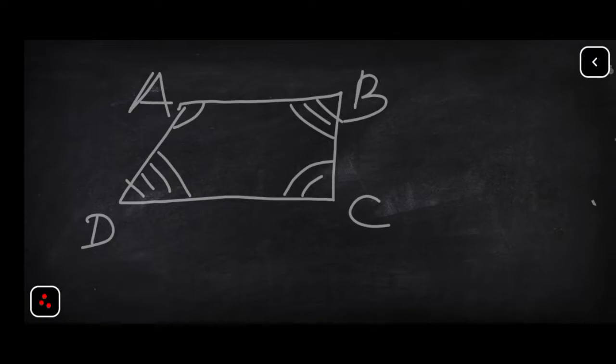Take a look at polygon ABCD. Is this convex? Yes, because every internal angle here, whether it is angle DAB, angle ABC, angle BCD, or angle DCA, they are all less than 180 degrees. So this will be a convex polygon.